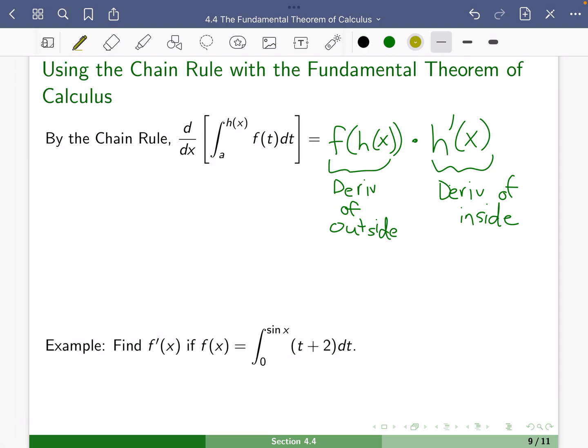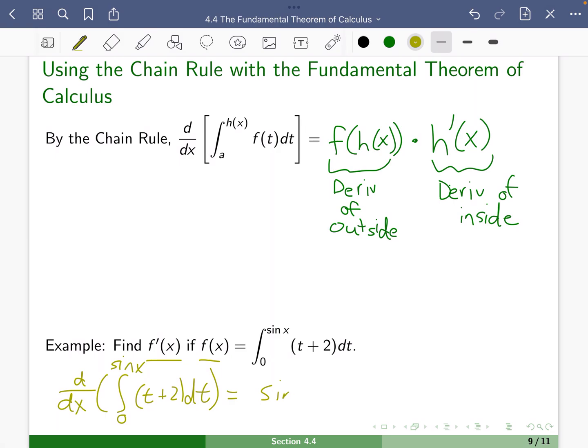Here we want to find the derivative if f is defined as this integral. So we're taking the derivative of the integral from 0 to sine x of t plus 2 dt. We can replace the t with that function, sine x.